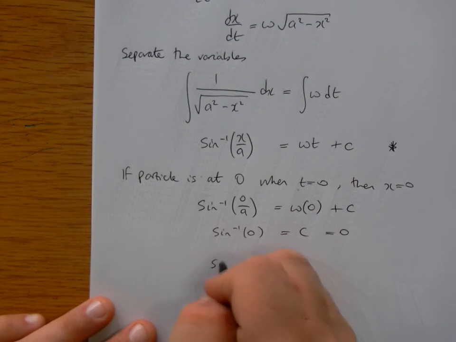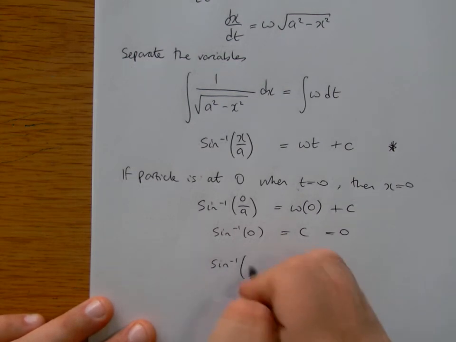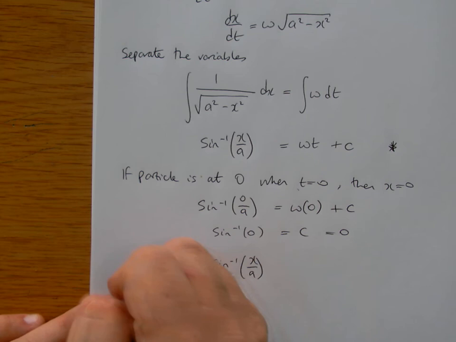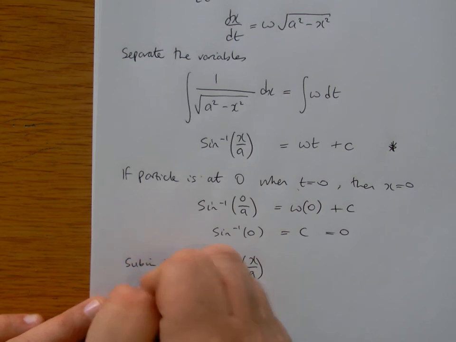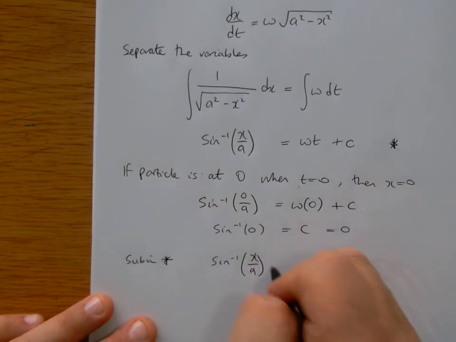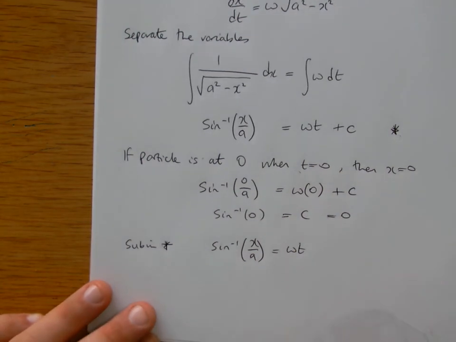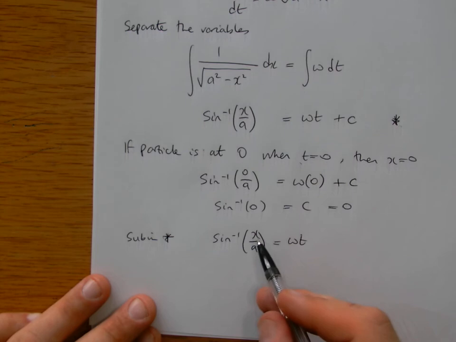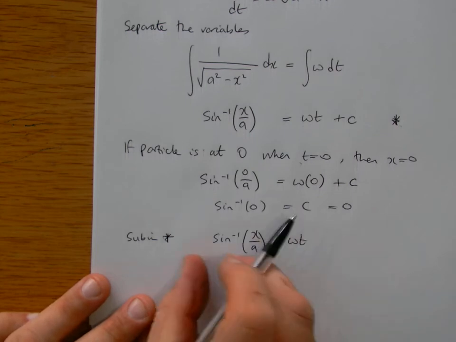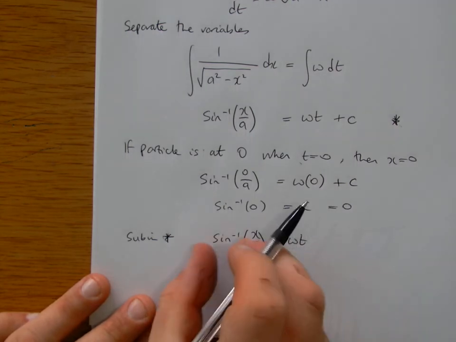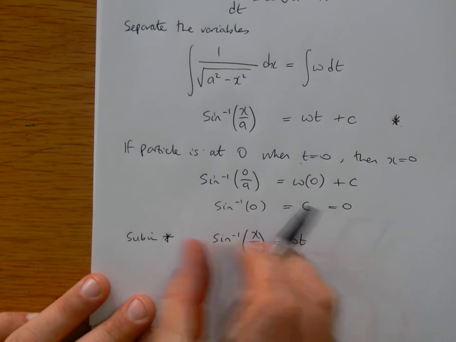So we have sin⁻¹(x/a), if I now sub this into star up here, equal to ωt plus c, well c is 0, so that's it. And what I can do then to get x on its own: I'll take that sin⁻¹ over, because you do the opposite, the inverse.